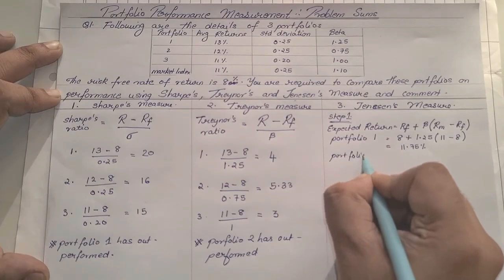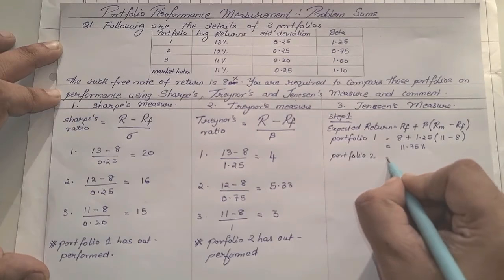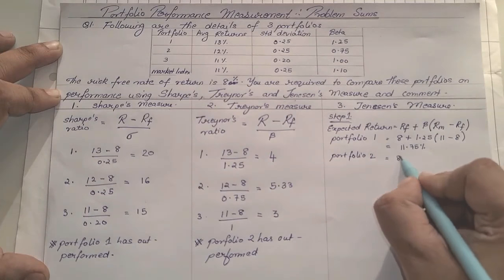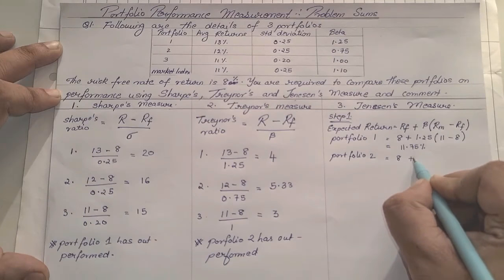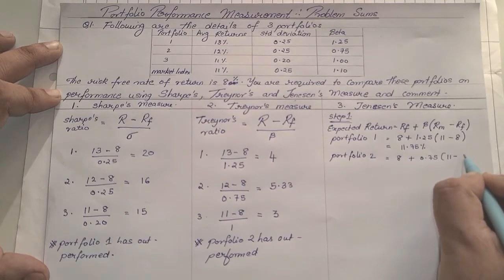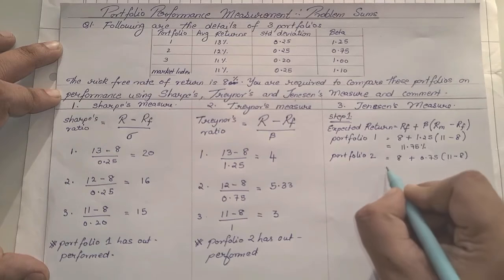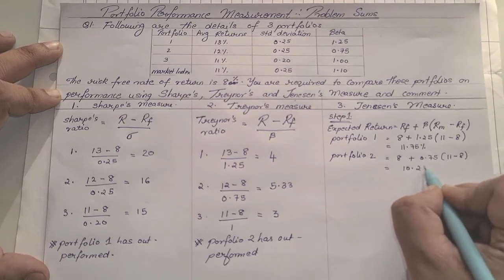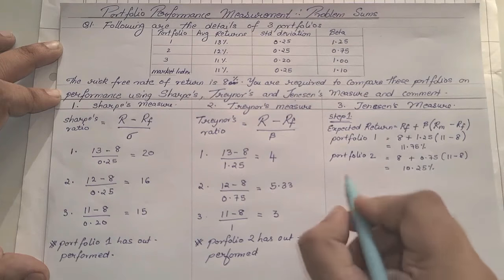Similarly, we need to find for portfolio 2. So for portfolio 2, again we go as per the formula. So risk free would have been again 8%. The beta for the second portfolio is 0.75. Again, market return and risk free would have been the same. When you solve it, the value that you all should have got would have been 10.25%.